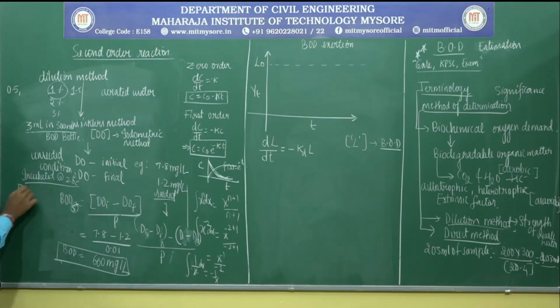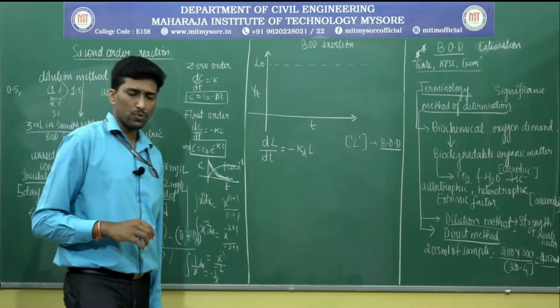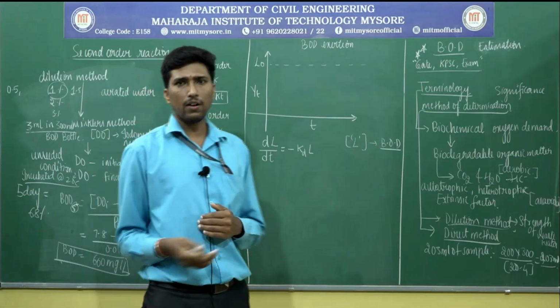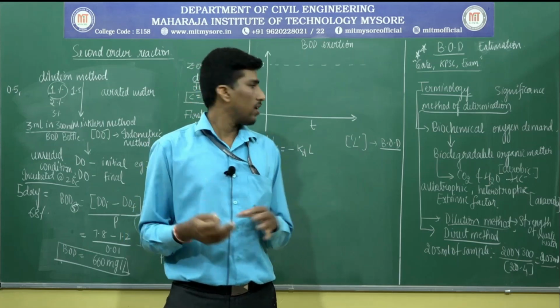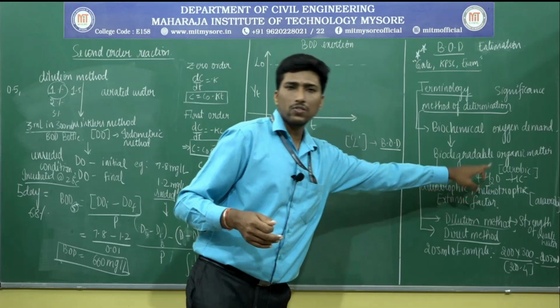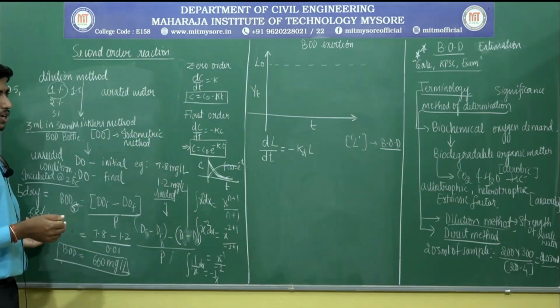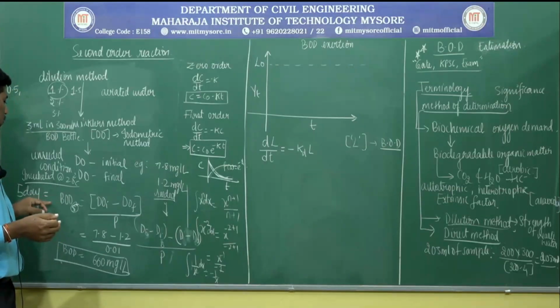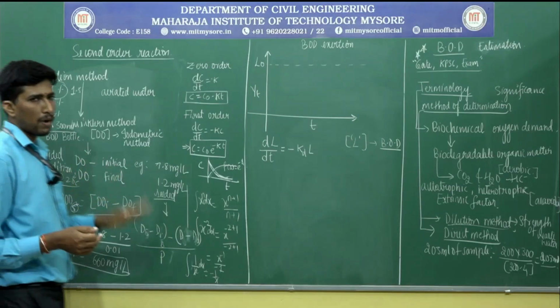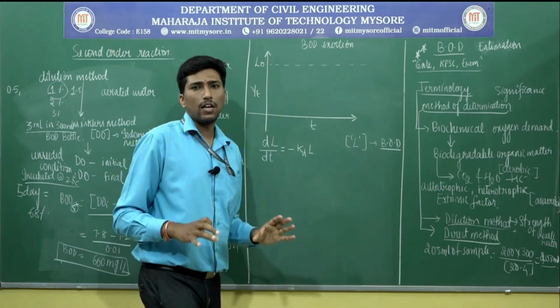Why is the 5 day BOD important? It is converting the organic matter into simple forms. As I have told, the output products are CO2 as well as H2O, that is carbon dioxide and water. By the 5th day, 68% of the organic matter is degraded.